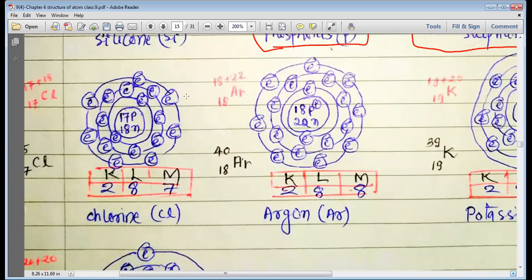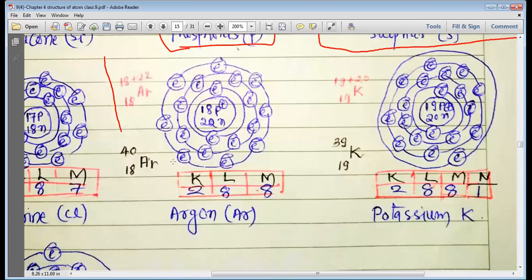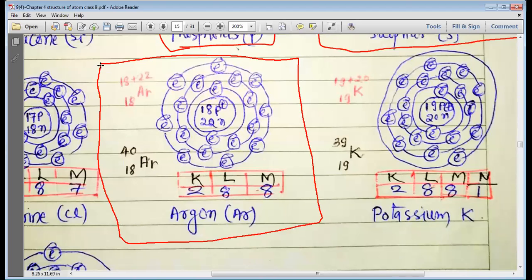Now let's look to the next element, and the 18th number element is our argon. So my dear students, there are total 18 electron and 18 proton must be present into the argon. So you can see that in the nucleus of argon we have 18 proton.